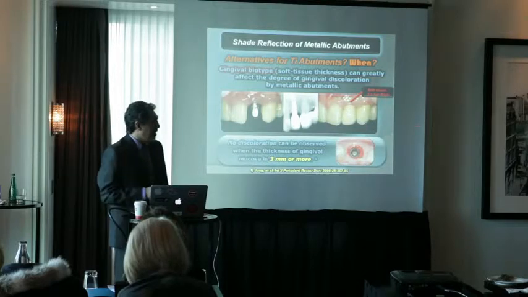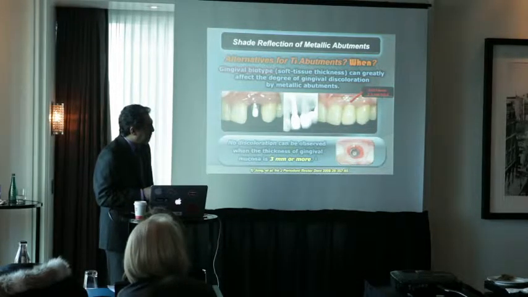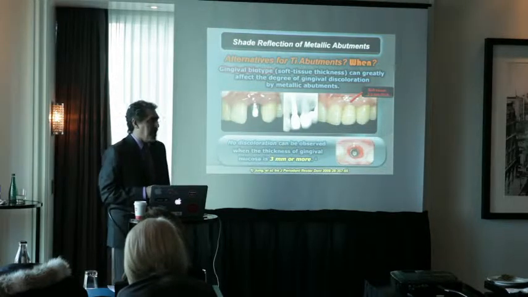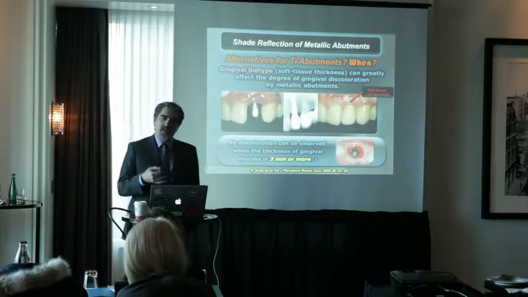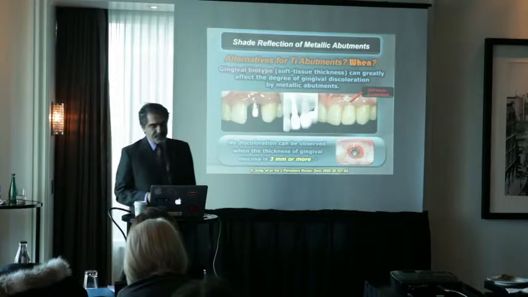However, if it's about 2 to 3 millimeters, you're going to have this sort of discoloration of the pink, and below 2, definitely it will look gray, and it's not going to be acceptable.